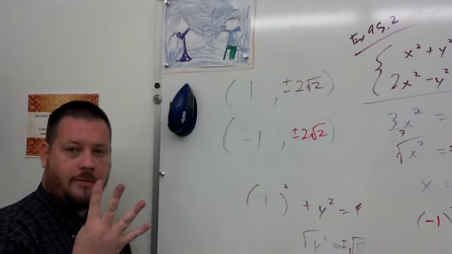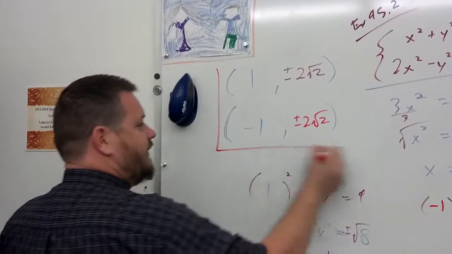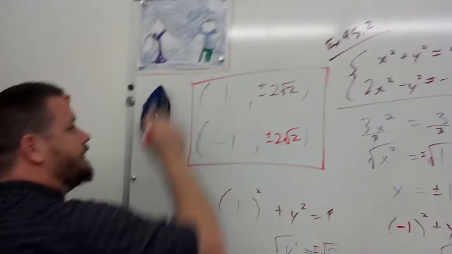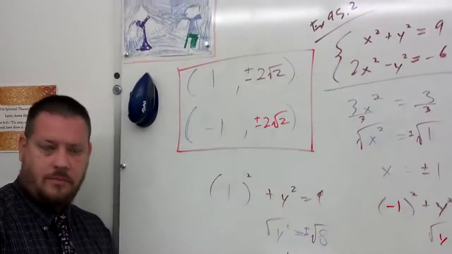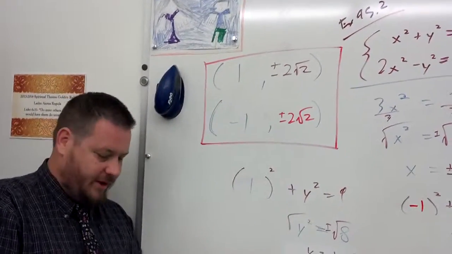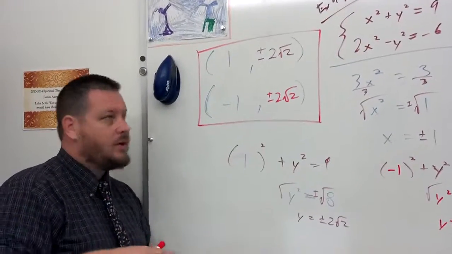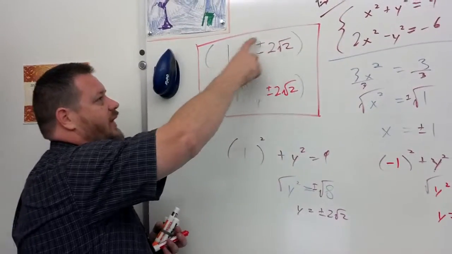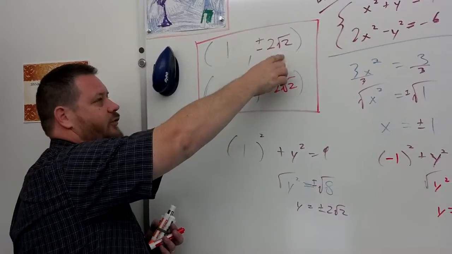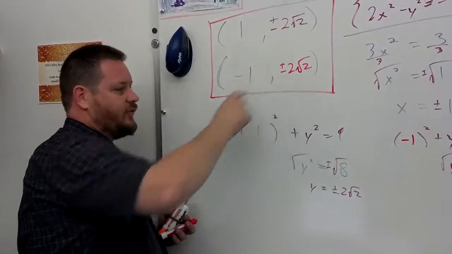4. Now, can I leave it just like this? I can leave this just like this because this shows all 4 solutions. Positive 1, positive 2 rad 2; positive 1, negative 2 rad 2; negative 1, positive 2 rad 2; and negative 1, negative 2 rad 2.